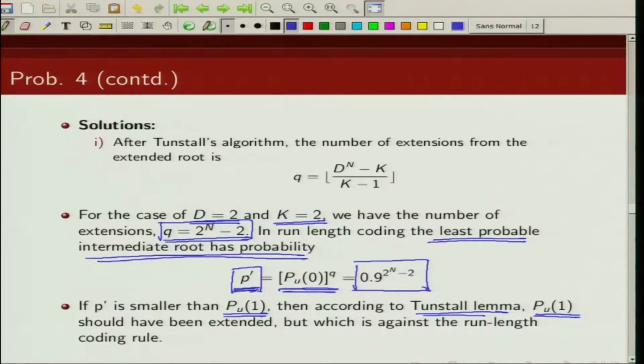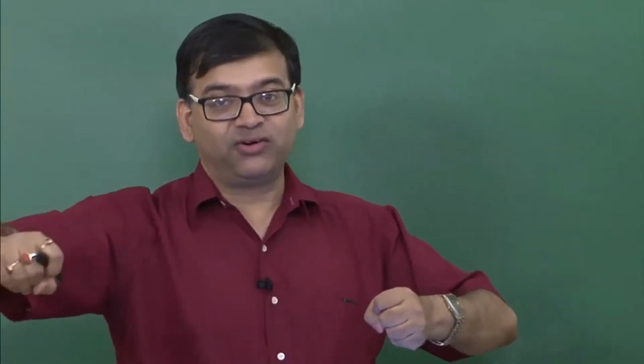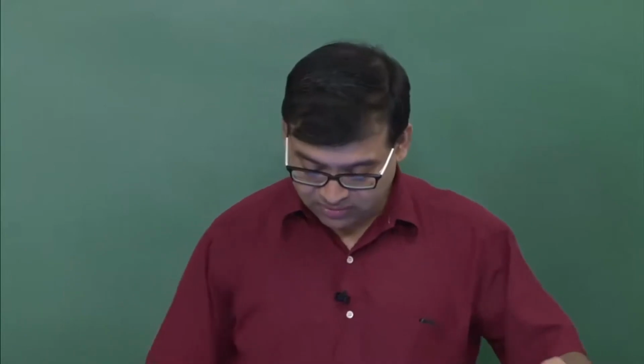But then that would have been against the rules of run-length coding, because in run-length coding we extend zeros, we have runs of zeros and n runs of zeros.